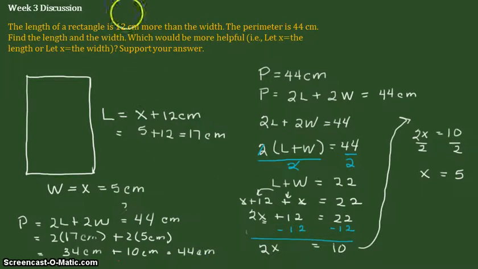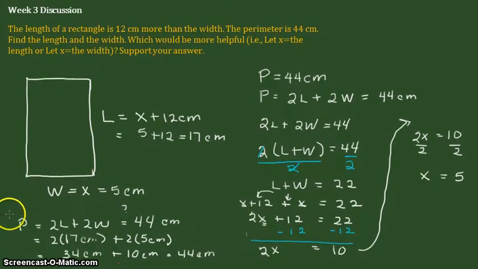So the width of the rectangle is 5 centimeters, the length is 17 centimeters, and we've checked our work, and it checks out.